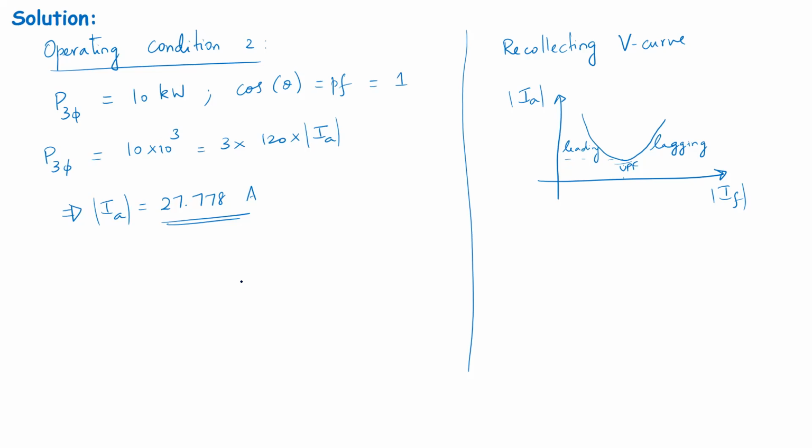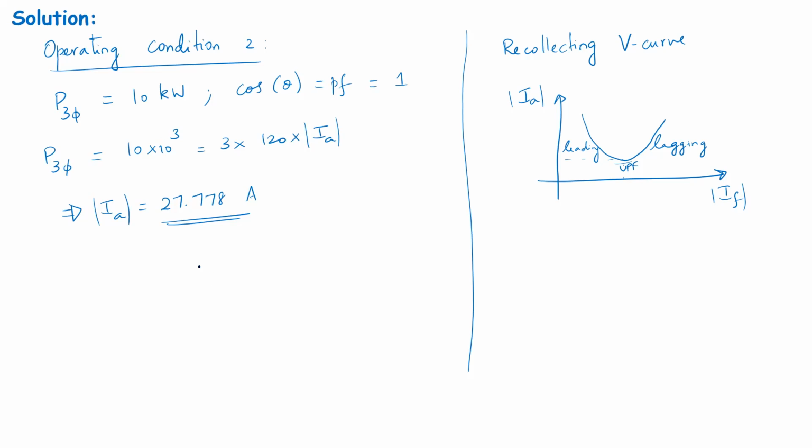One thing is certain, that whenever we go from lagging or leading to unity power factor, the magnitude of armature current should decrease. And if I go back and compare with the previous value, I clearly know that the current magnitude has decreased. So this makes sense. I do not know if 27.778 is correct or not, but at least I see that the trend is being followed.